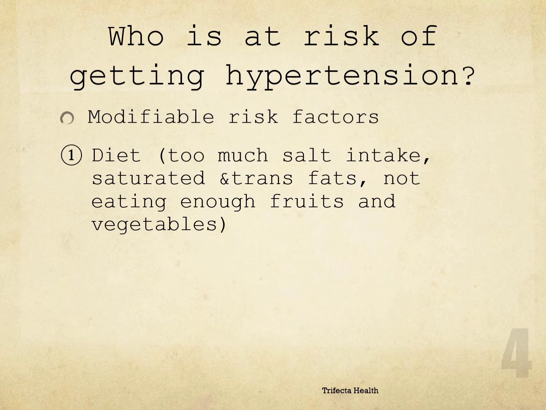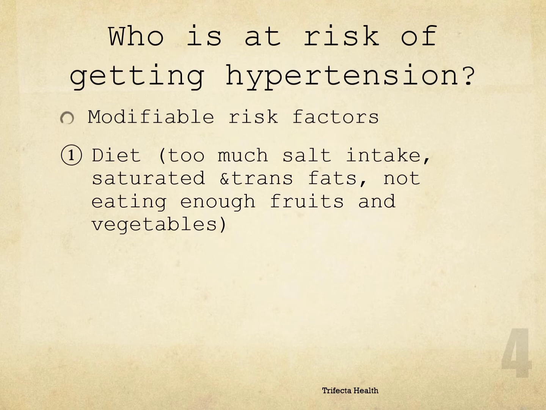Anyone who also takes in too much saturated and trans fats is at risk of developing hypertension. We will later go into some of these foods, the trans fats and the saturated fats. The mechanism of action is this: when you have too much fat in your body, it narrows the lumen of your blood vessels.